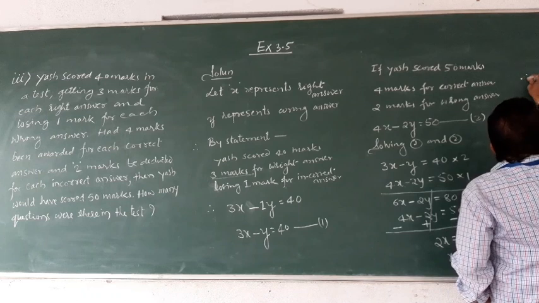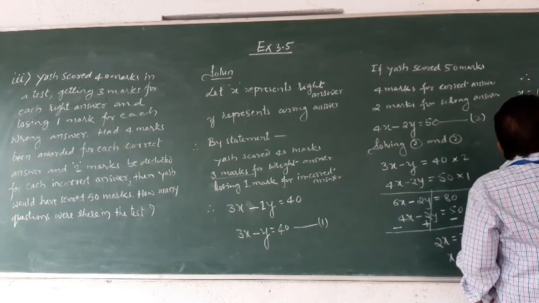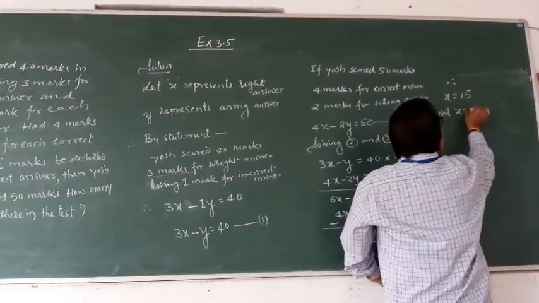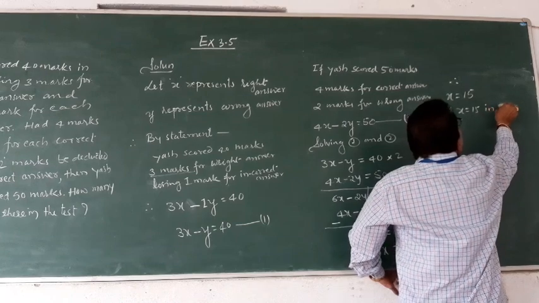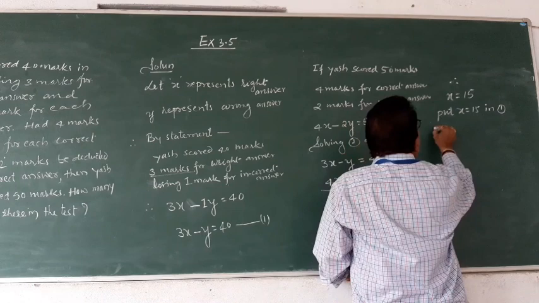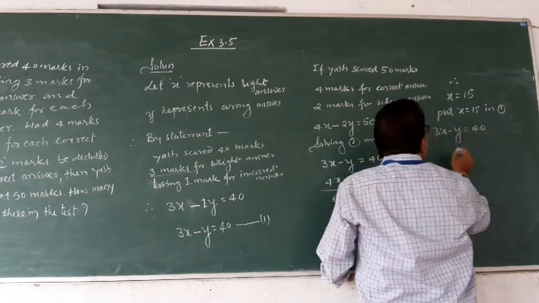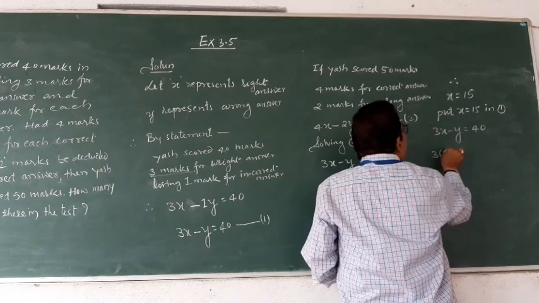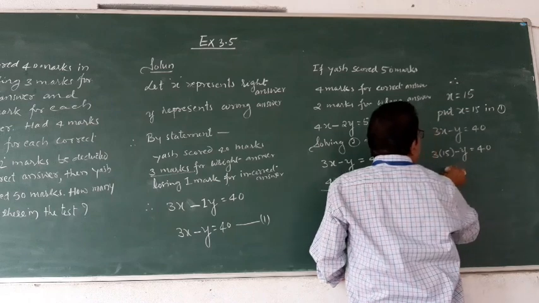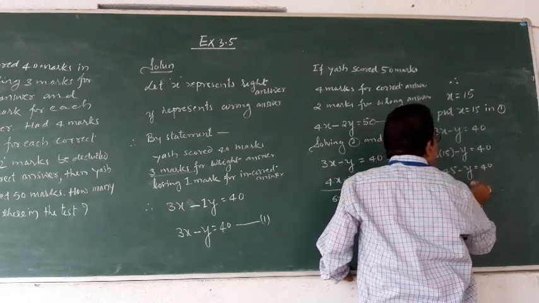Therefore x equals 15. Put x equals 15 in 1. That is 3x minus y equals 40. 3 into 15 minus y equals 40. 45 minus y equals 40.